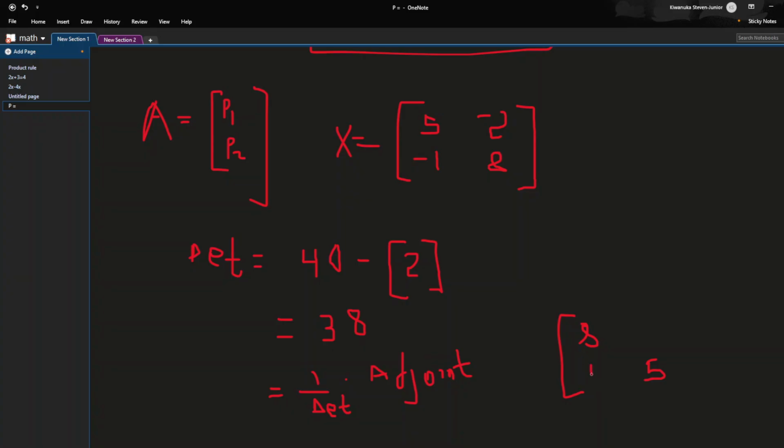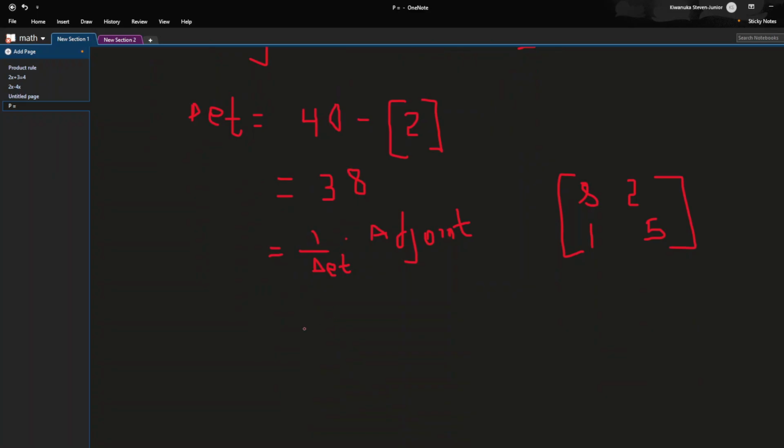So the X inverse will be equal to 1 out of 38 times the adjoint, which is 8, 2, 1, and 5.